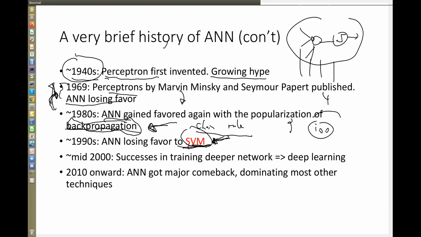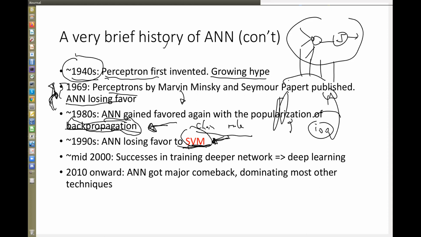Then in the mid 2000s, there was some success in deep learning. In the past, people thought, okay, my model is not doing so well when I only have one layer of neurons or a couple of layers. Lower layers don't do well, so I should probably go for deeper layers.